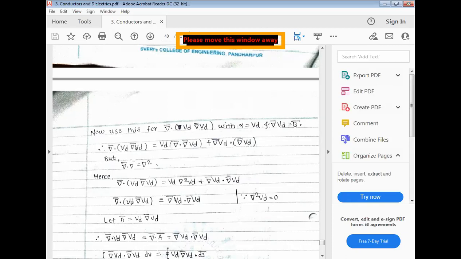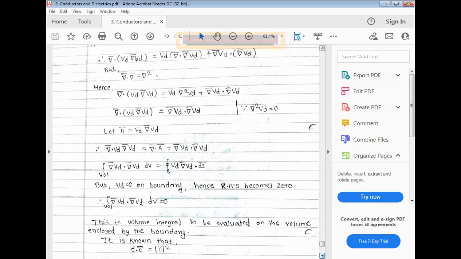So del dot Vd into del Vd is equal to del Vd dot del Vd.